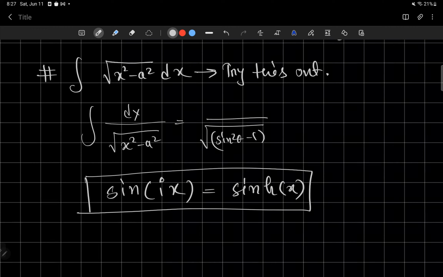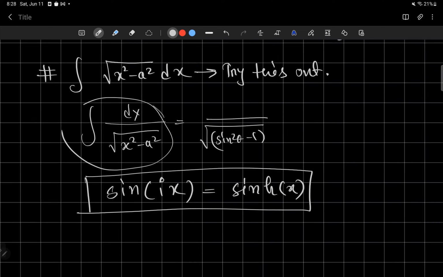Yeah, you can try this out. But in this case, for example this one, a suitable substitution would be either x equals a tan theta or x equals a cosec theta. Since sec squared theta minus tan squared theta equals 1, if I put x equals a tan theta, then that would give me tan squared minus 1.